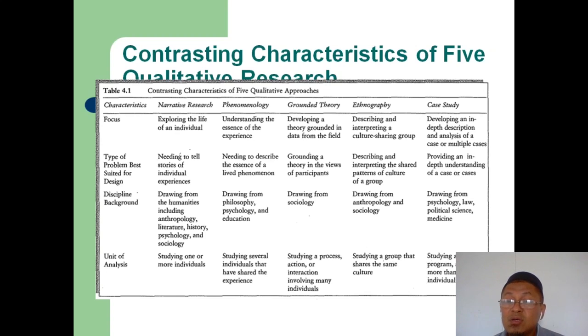So we want to describe and interpret the shared patterns of culture of a group. This ethnography study is rooted in the anthropology and sociology fields. The unit of analysis for ethnography is a group that shares the same culture.